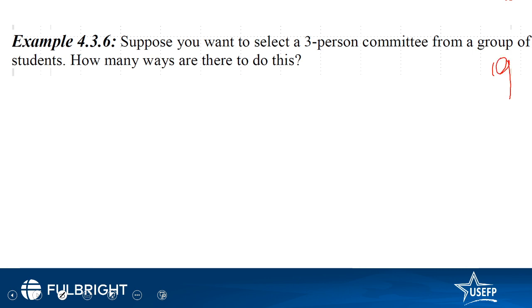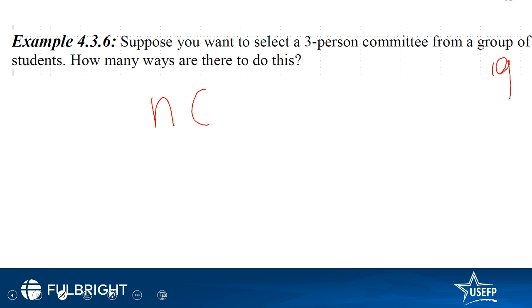So what do you think? Is order important or is order not important? It doesn't matter who we select first or who we select second. So the order is not important.